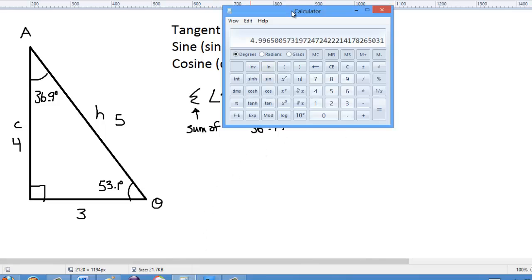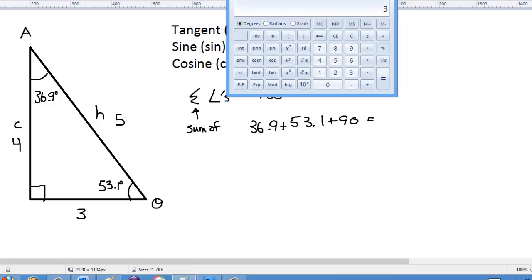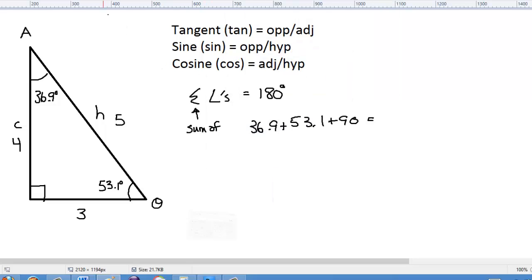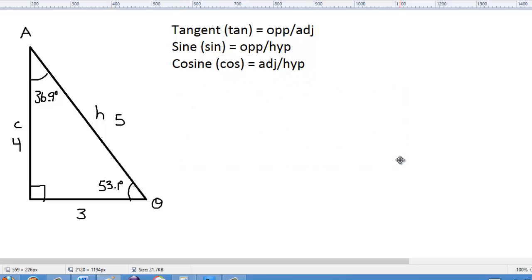And 36.9 plus 53.1 plus 90 is 180. So I can verify that this triangle is correct, and this will work for pretty much any other triangle.